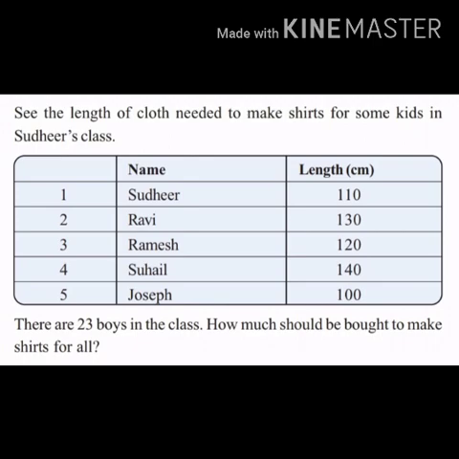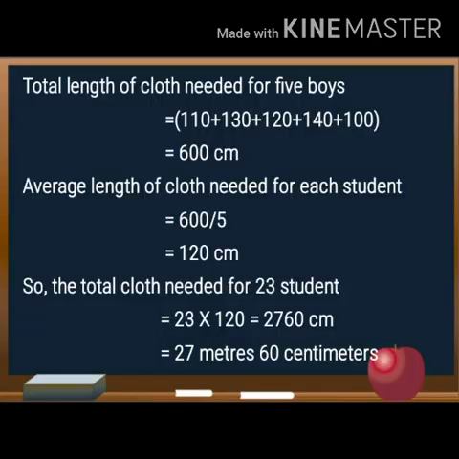If the length of cloth is the same for all, we can calculate exactly how much is for 23 kids. From the table, we can get that the total length needed for 5 students is 600 centimeters.